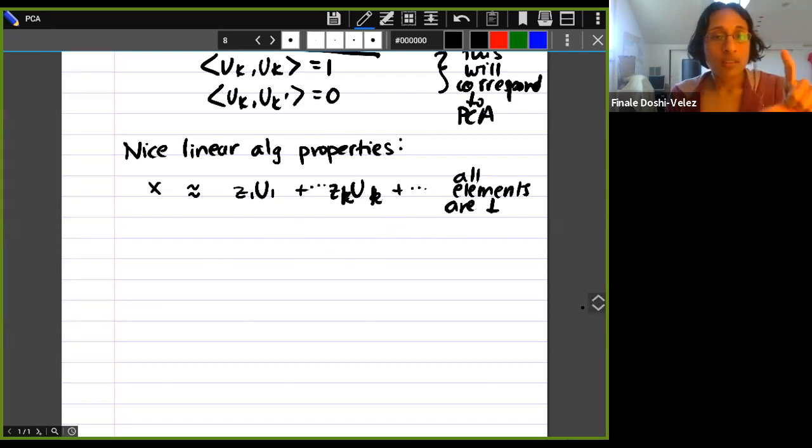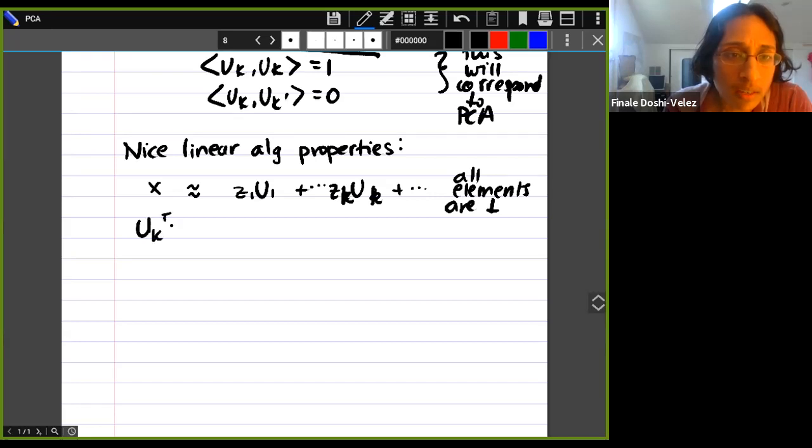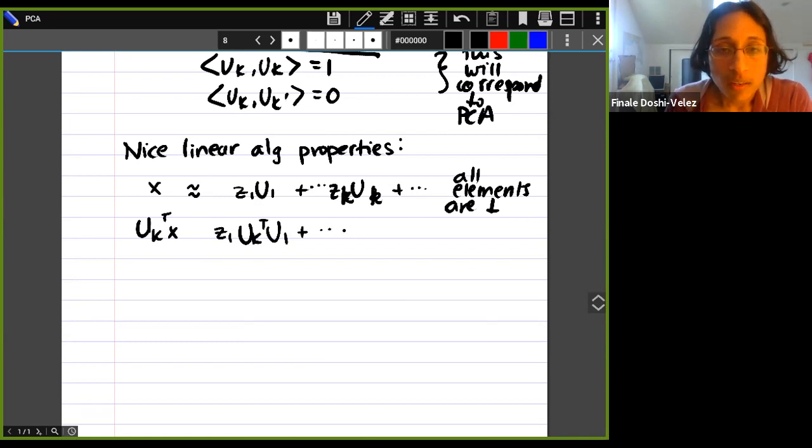I'm just trying to keep track of this, so I'm going to left multiply, and I'm going to get a scalar here. I'm going to multiply the whole thing through. Z1 is a scalar, so I'm going to pull it out: Uk transpose U1, and so on, Zk, Uk transpose Uk, and so on.